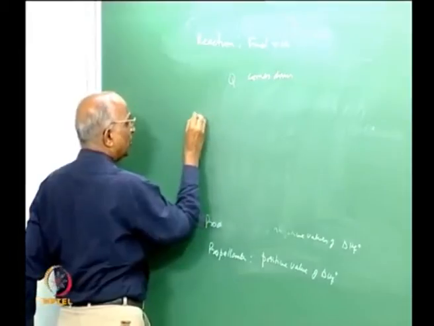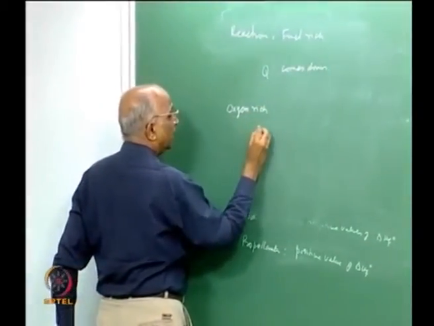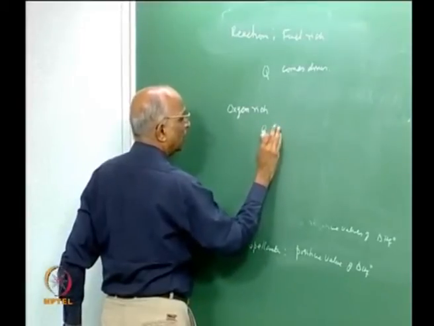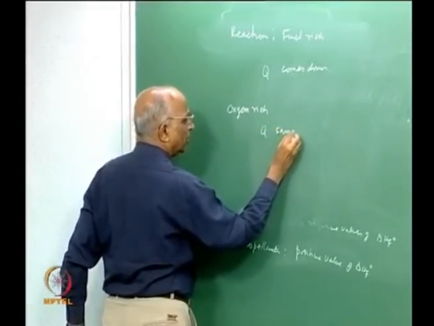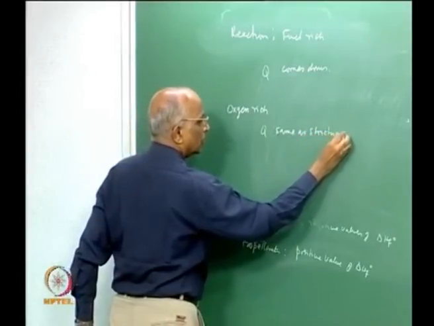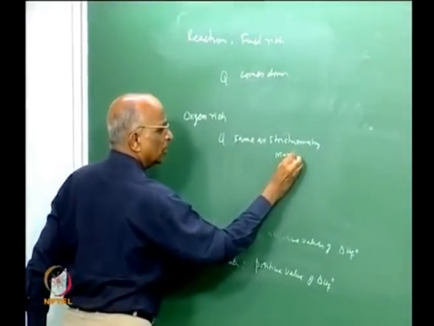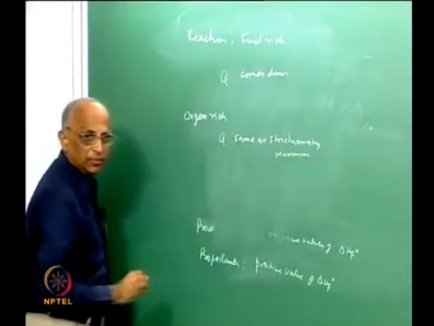Whereas if it is oxygen rich, then Q of combustion is the same as stoichiometry. And this is the maximum heat which is possible in a chemical reaction, right?